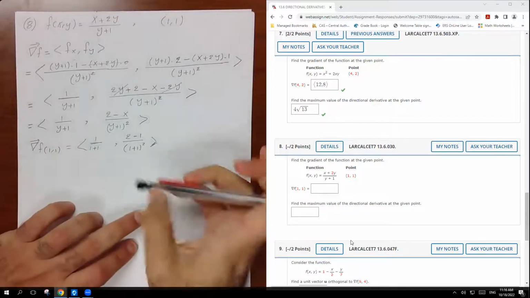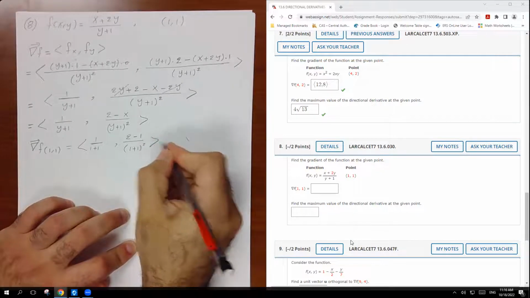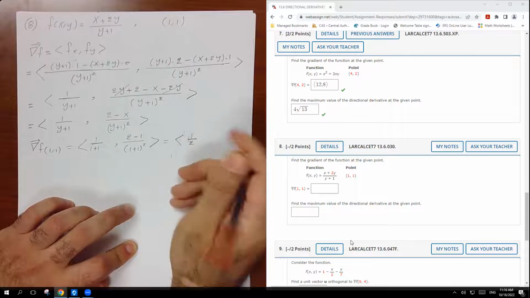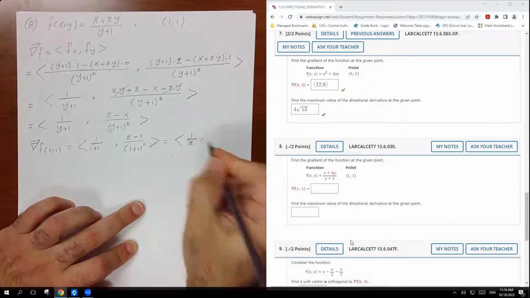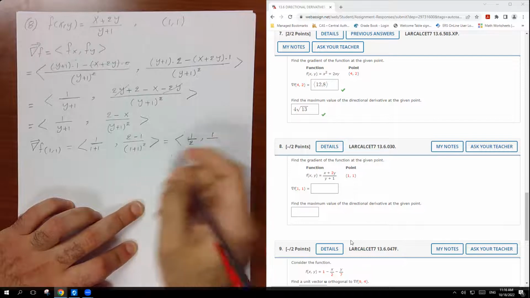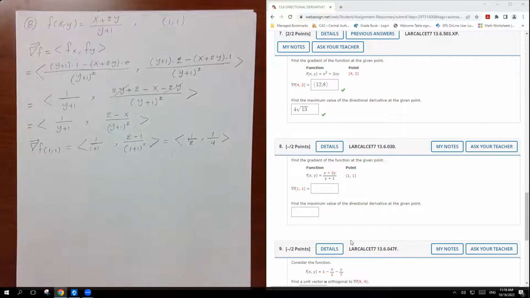And this one is going to be equal to 1 over 2. And 2 minus 1 is 1, over 1 plus 1 is 2 squared, which is 4. So that's our gradients at this point.